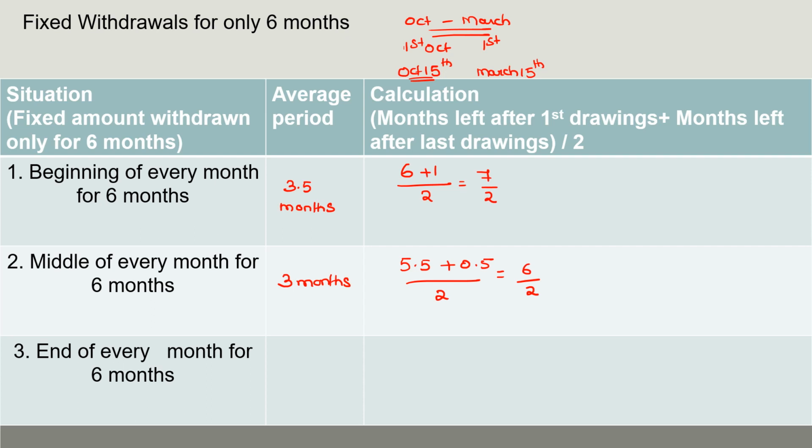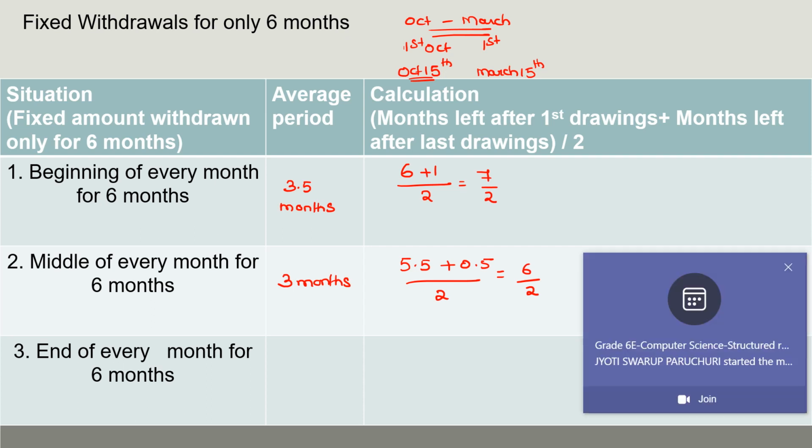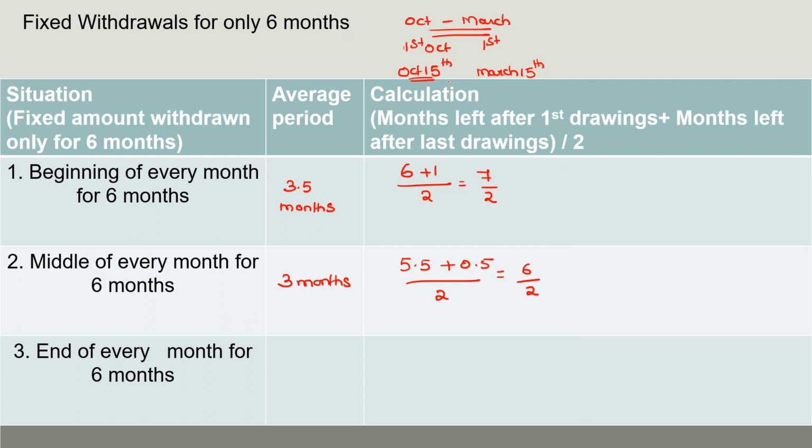Finally, the last situation is if the withdrawal is made at the end of every month for 6 months. Then on October 31st the first withdrawal will be made, which means October is left out of the 6 months, so only 5 months till 31st March.